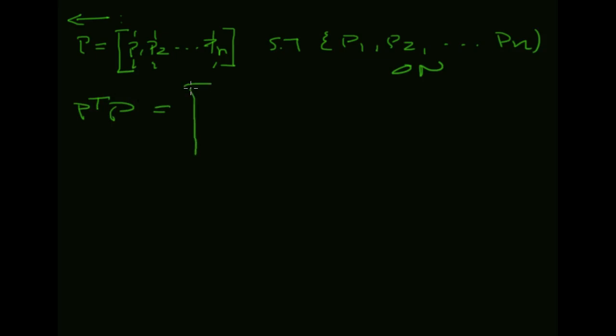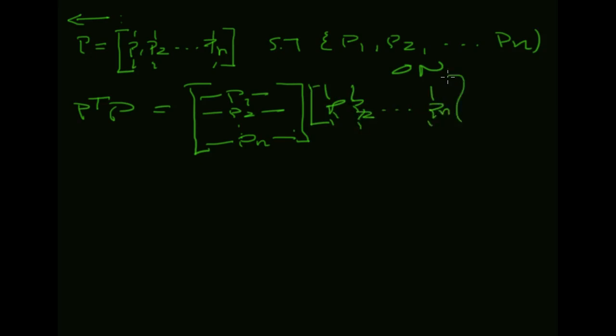Okay, so what we do here is now we want to take P transpose P, right? If I do that, then I'm taking P1, P2 out to Pn times P1, P2 out to Pn, and if I look at that, that's going to be row versus column. Row times column gets me P1 dot P1, and then this one will be P1 dot P2, out to P1 dot Pn, right?